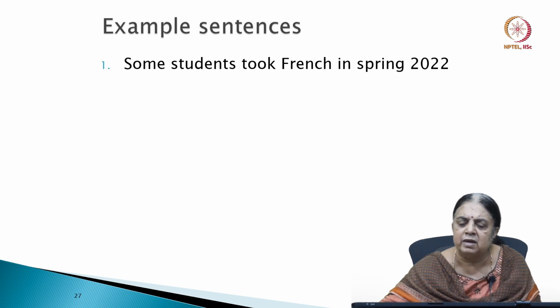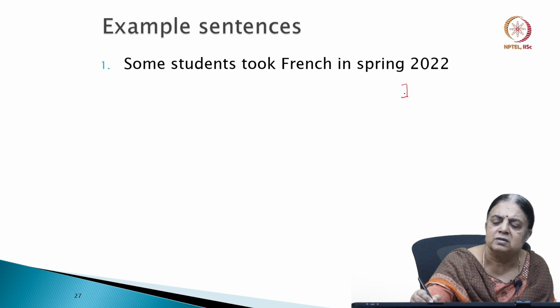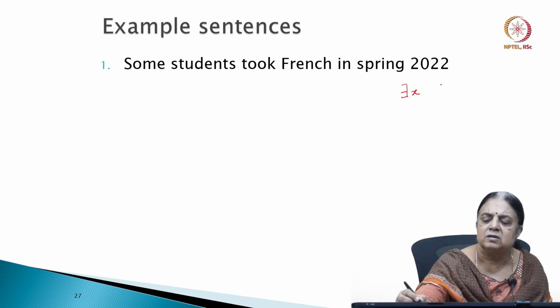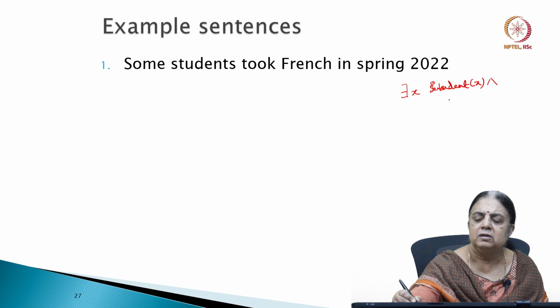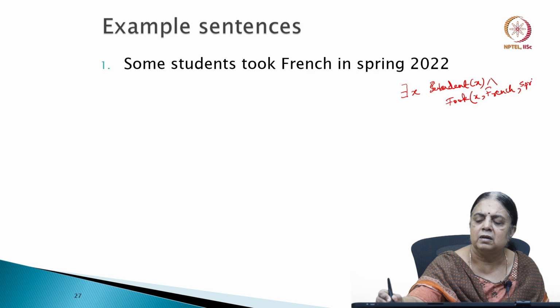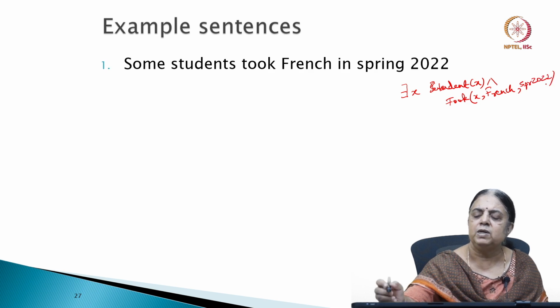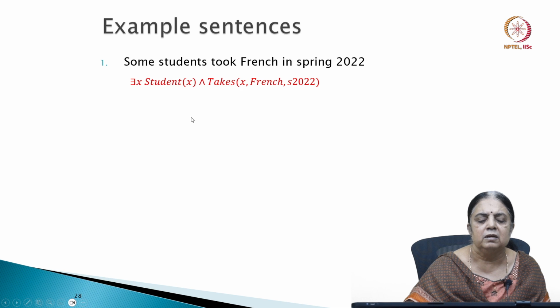So, there exists some X, student X, and took X French in spring 2022. This would be your final: there exists X, student X and took X French in 2022.